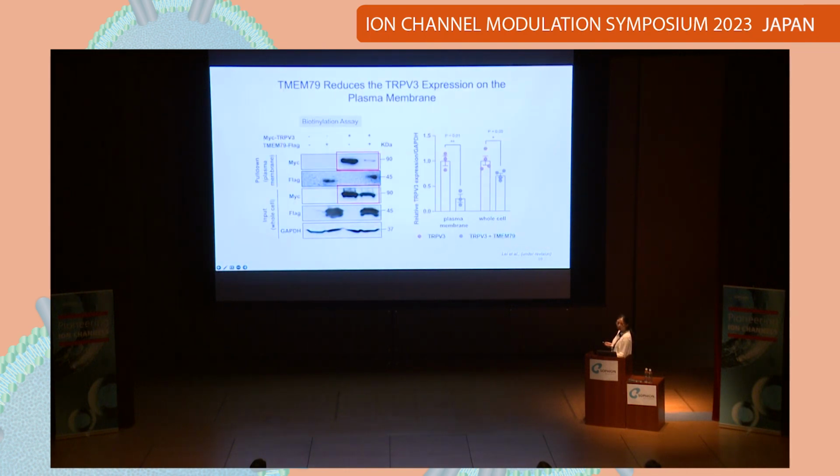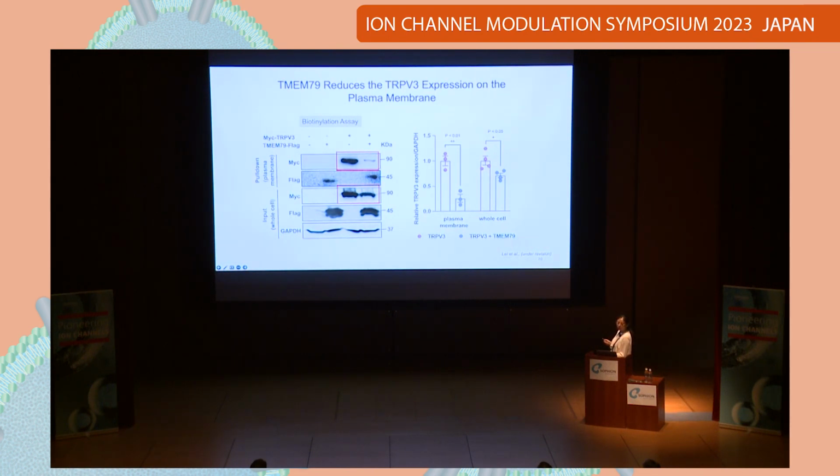To answer how TMEM79 could regulate the function of TRPV3, we performed biotinylation in the overexpression system and found TMEM79 could reduce the TRPV3 level in both the whole cell lysate and the plasma membrane.